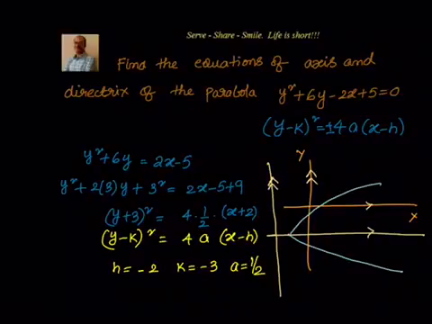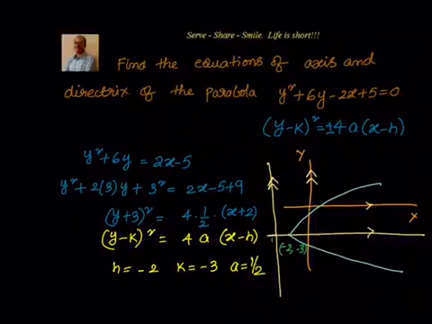Now what are the coordinates of the vertex? We know the coordinates of the vertex are minus 2 comma minus 3. So once we know minus 2 comma minus 3, we know that's a horizontal line.